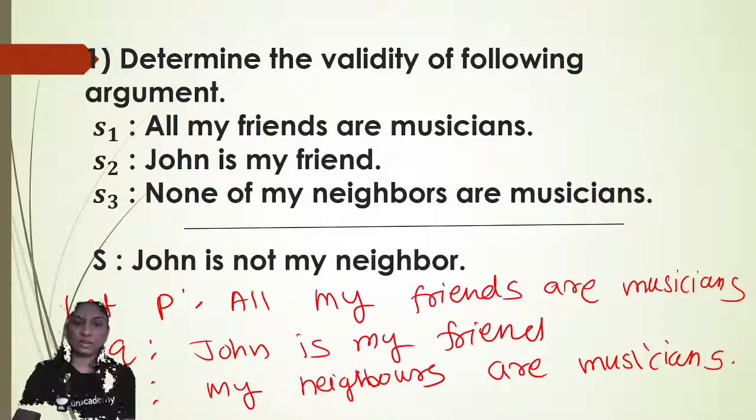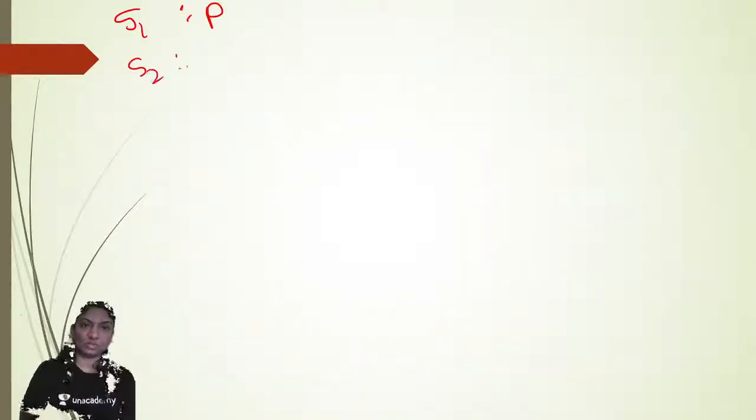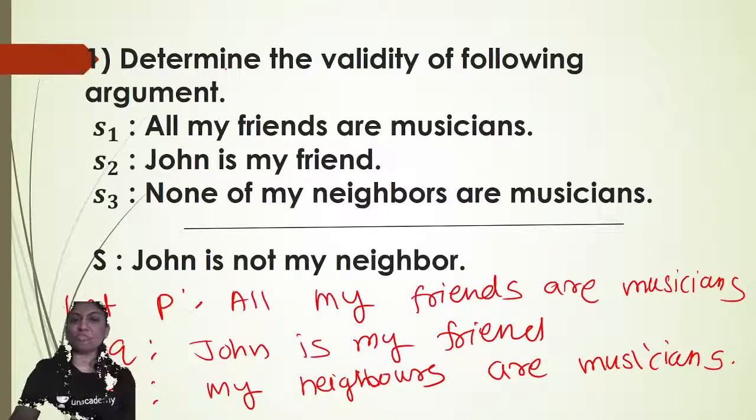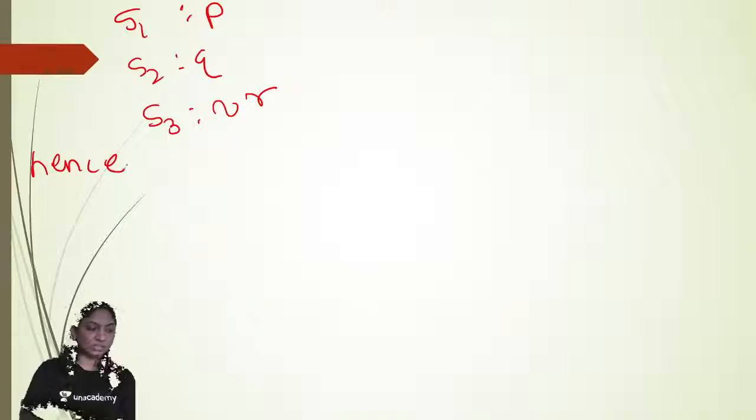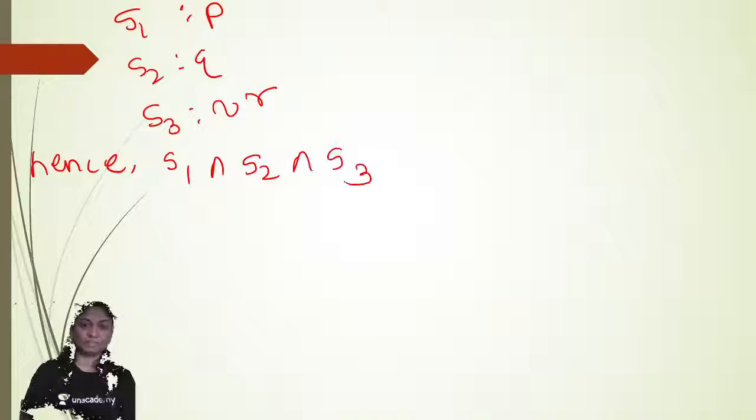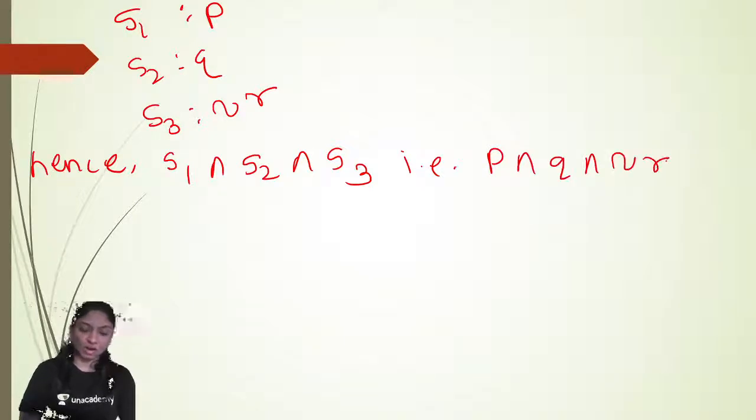S2, John is my friend, is Q. And S3 is none of my neighbors are musicians, but I denoted R as my neighbors are musicians, so S3 is equal to negation of R. Hence we get S1 and S2 and S3, that is P and Q and negation of R, as the statement form.